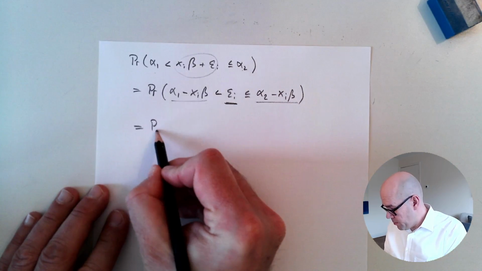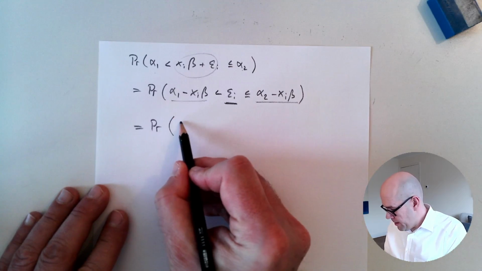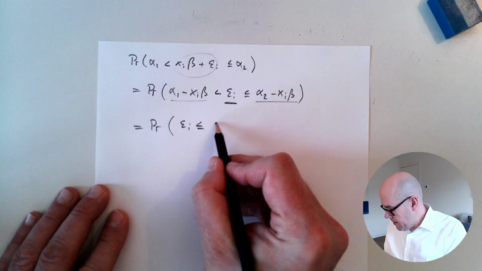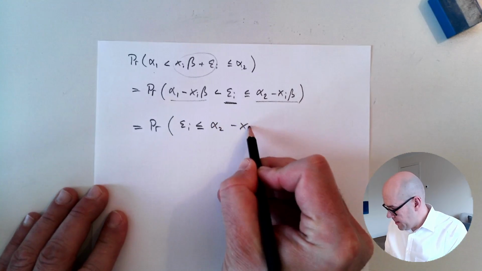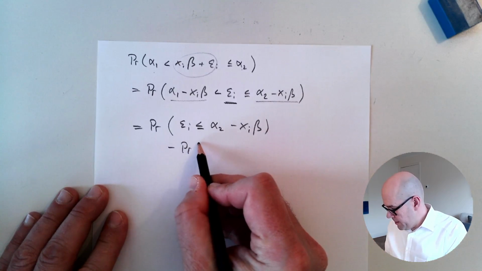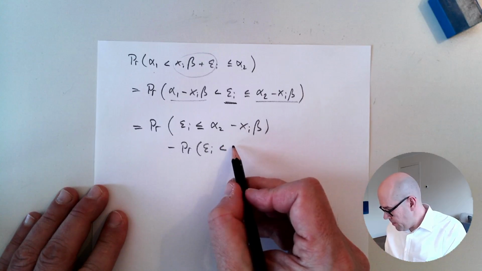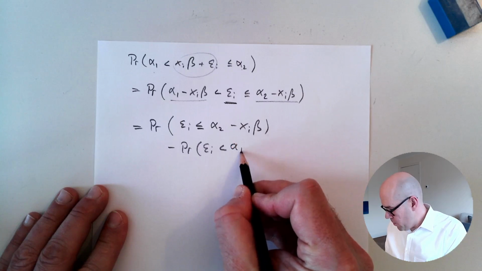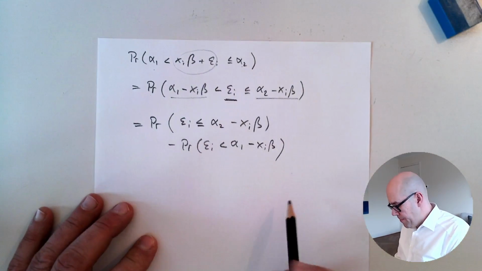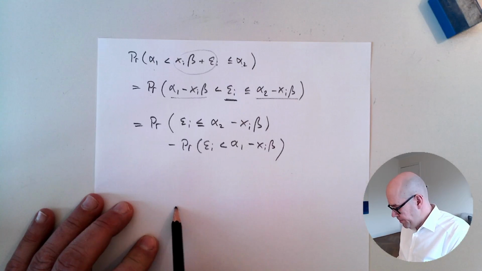So this is the probability that epsilon I is less than or equal to alpha 2 minus xi beta, minus the probability that epsilon I is less than alpha 1 minus xi beta. So this is very easy to see.